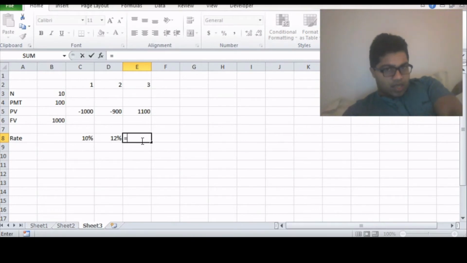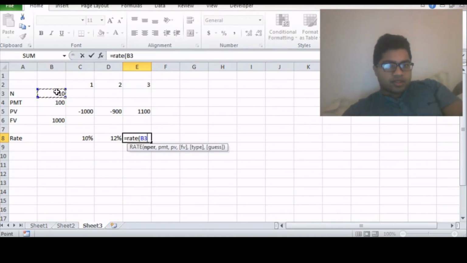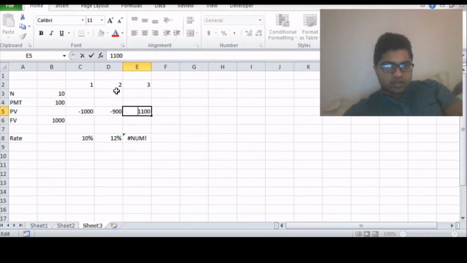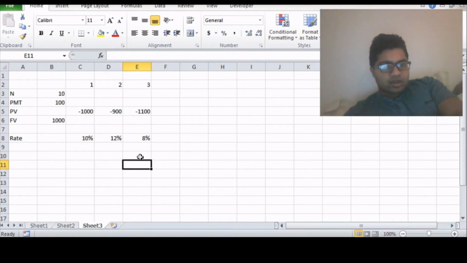So rate: N per is 10, PMT is 100, PV is 1,100, this sign I'll change, future value is 1,000 and type 0, but I have to change the sign for it to calculate. So 8%.